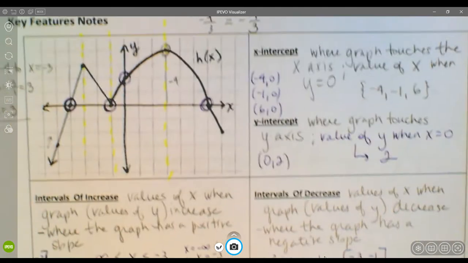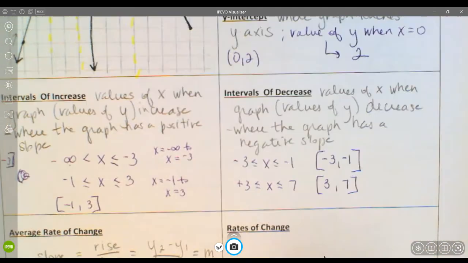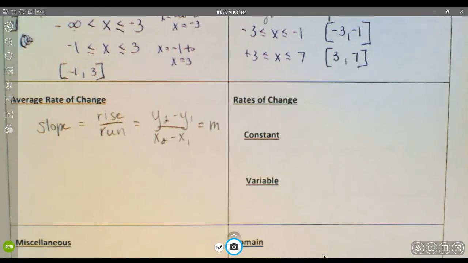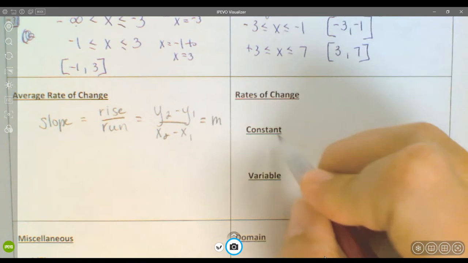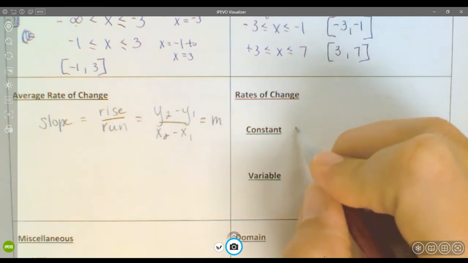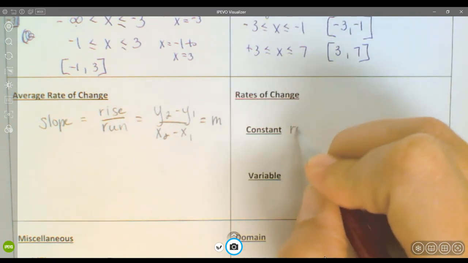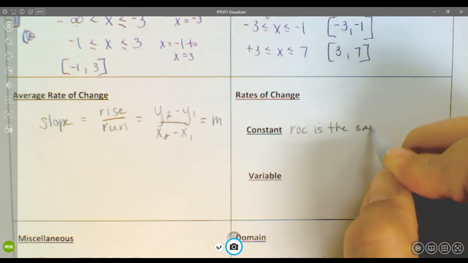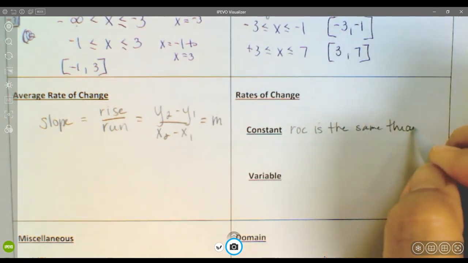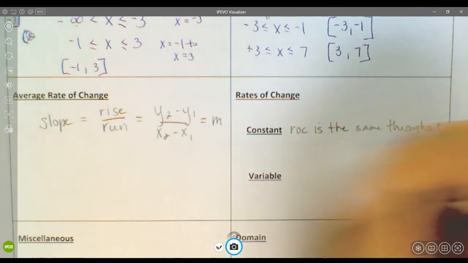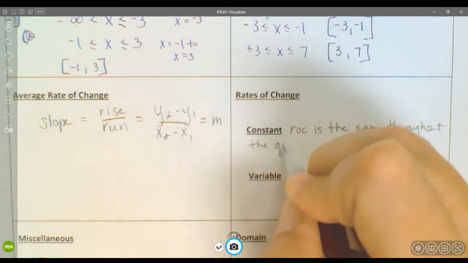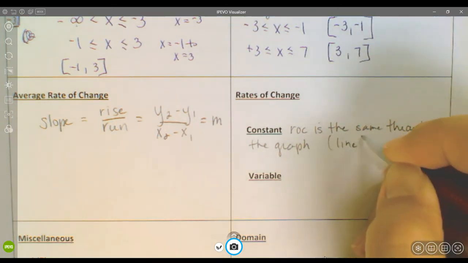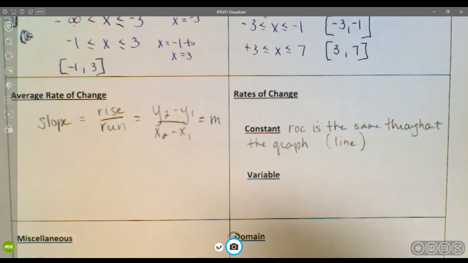So let's look at a few more definitions here. For rates of change, we say that the rate of change is constant when the rate of change is the same throughout the whole interval or throughout the graph. And what you're going to look for is basically a line.